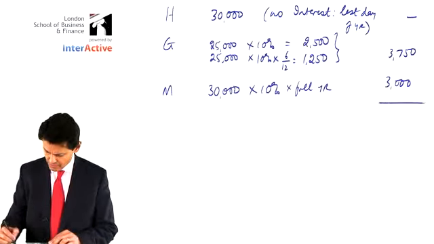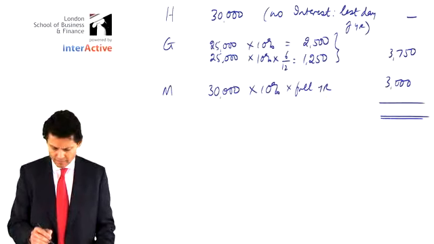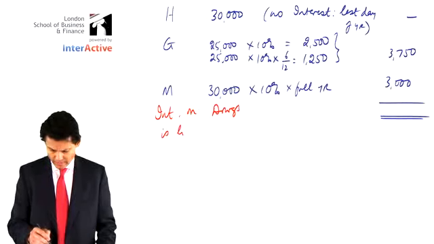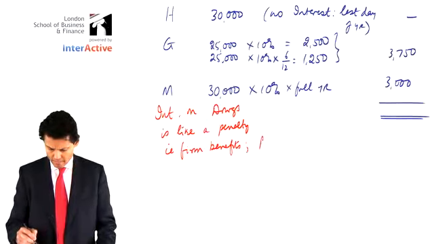Actually, it's not so much a profit share, it's more like a penalty, isn't it? The firm gets this. So if I just quickly write that down, interest on drawings is like a penalty, i.e. firm benefits, partners lose.